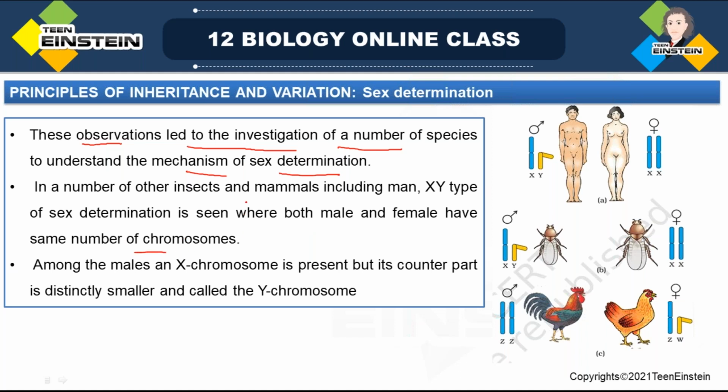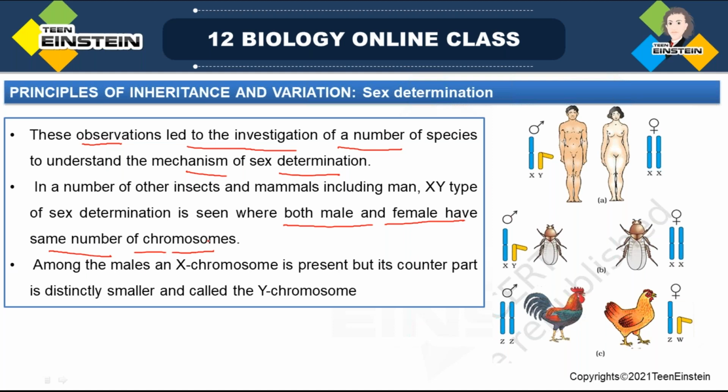Okay, so up to this we learned about the number of chromosomes having variation in male and female. But here, in a number of other insects and mammals including man, XY type of sex determination is seen, where both male and female have the same number of chromosomes.